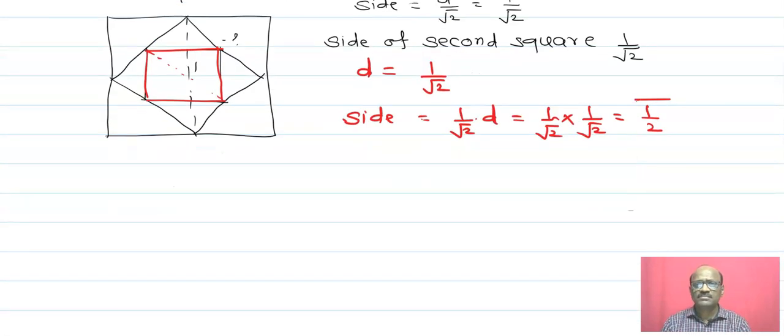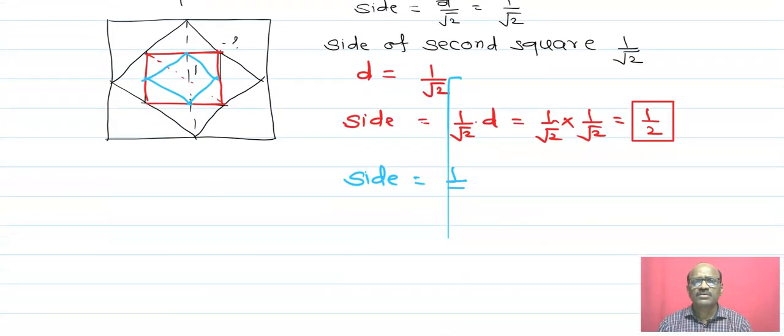Therefore, again next square, therefore again the side is 1 upon root 2 into 1 upon root 2 bracket square.